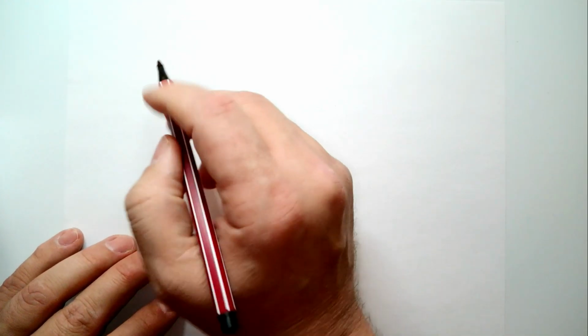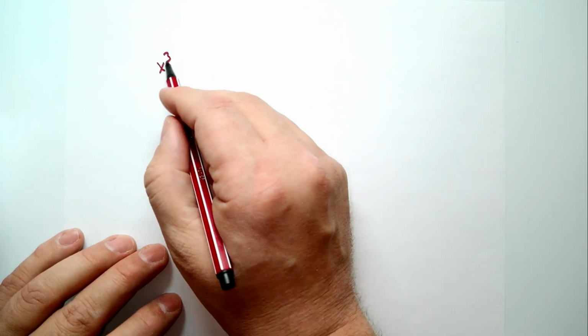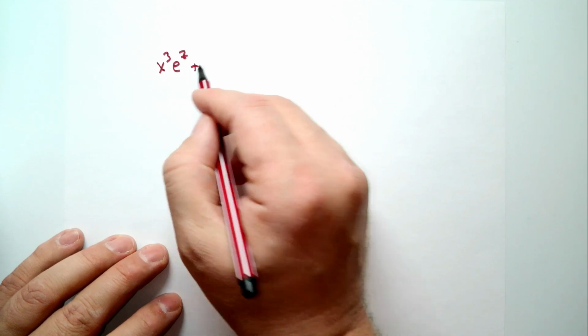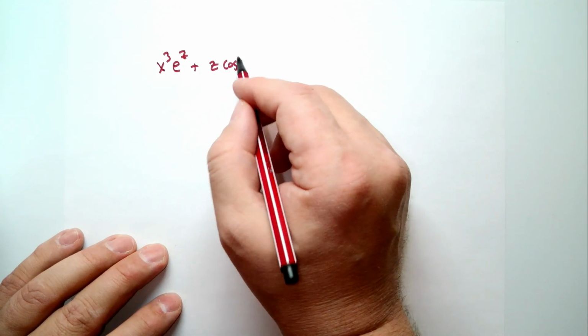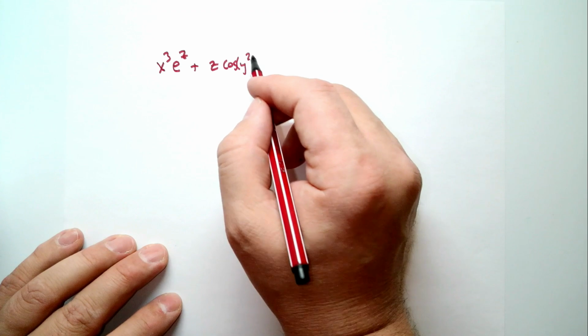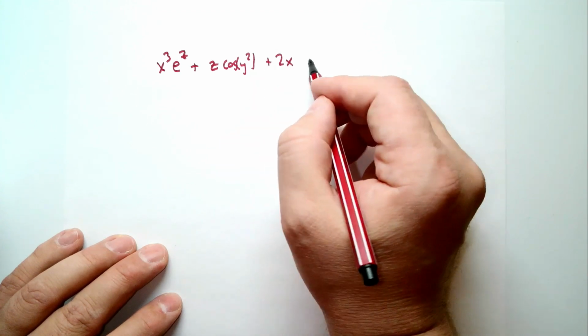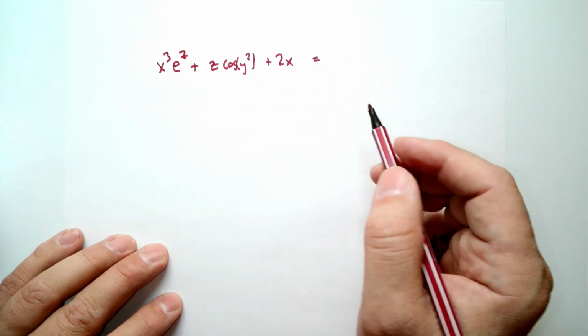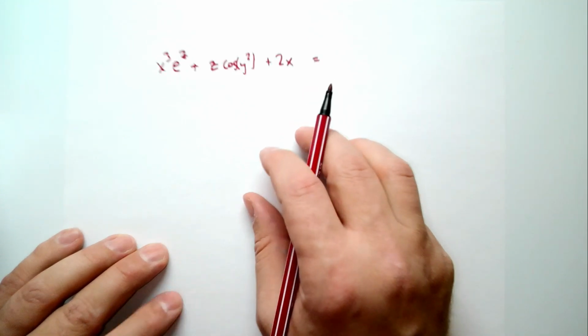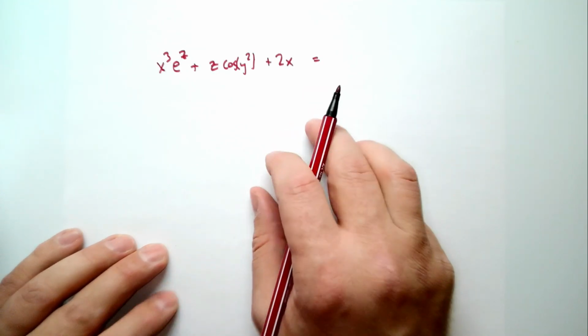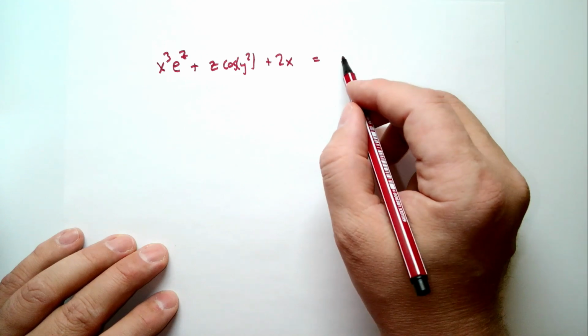But implicit derivatives are really fairly straightforward. You just make one up. Okay, x cubed e to the z plus z cosine y squared plus 2x equals 2, and then you hum and you haw for a second, and then you finally say 0.